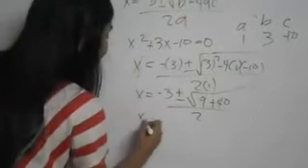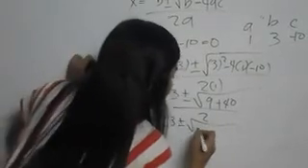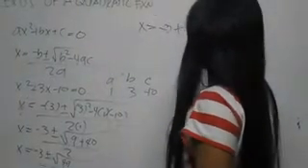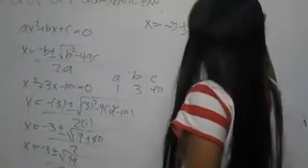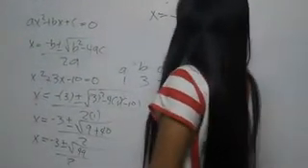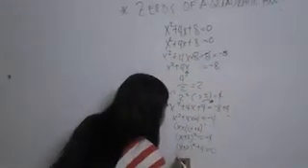Then x is equal to negative 3 plus or minus the square root of 49, all over 2. The zeros of this equation are negative 5 and 2.